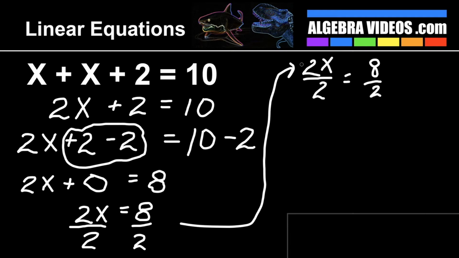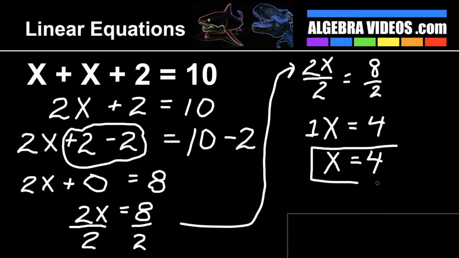Okay? And 2 divided by 2 cancels out to just 1. So that's 1x is equal to 8 over 2, which is 4. And 1x is the same as x, so we can just say x equals 4. And that is our solution.